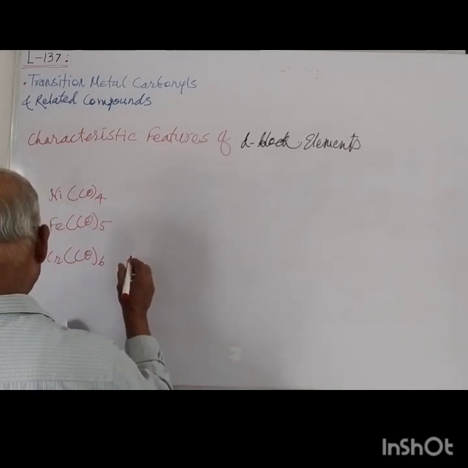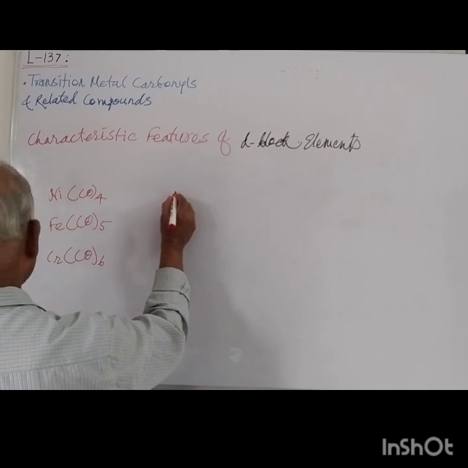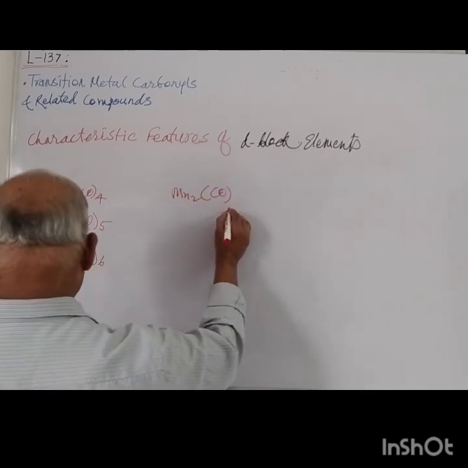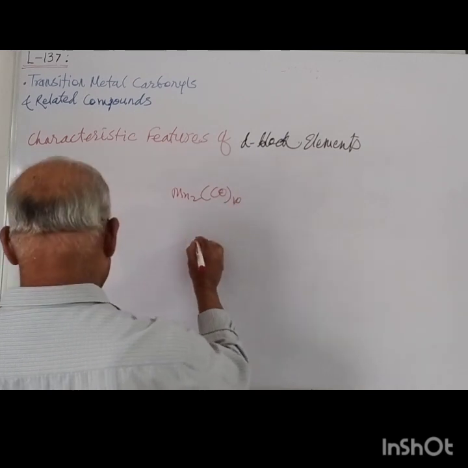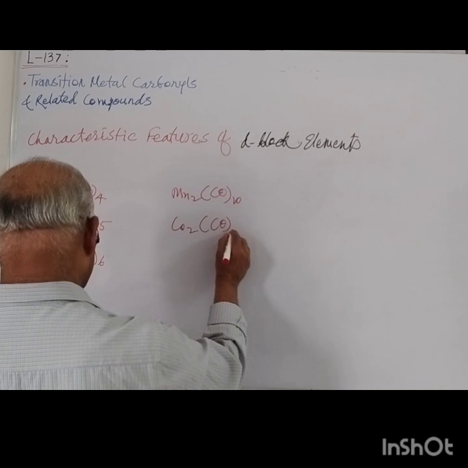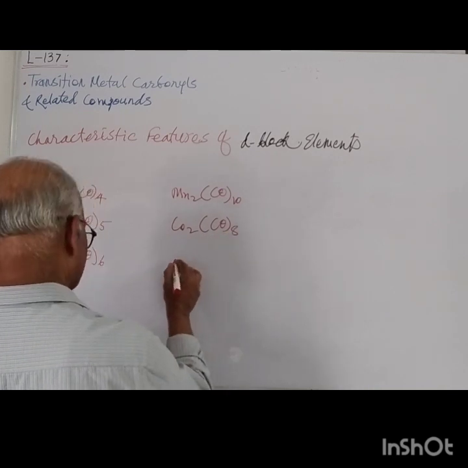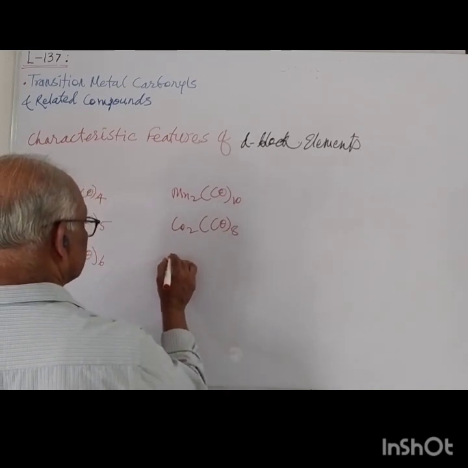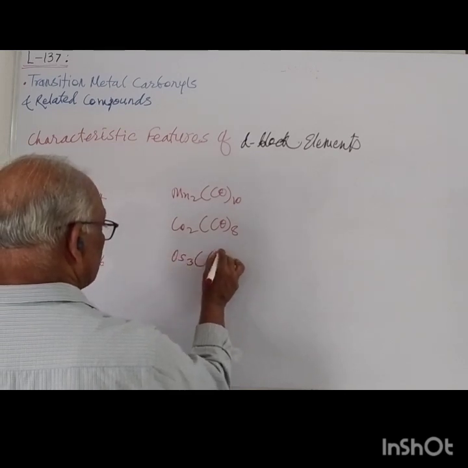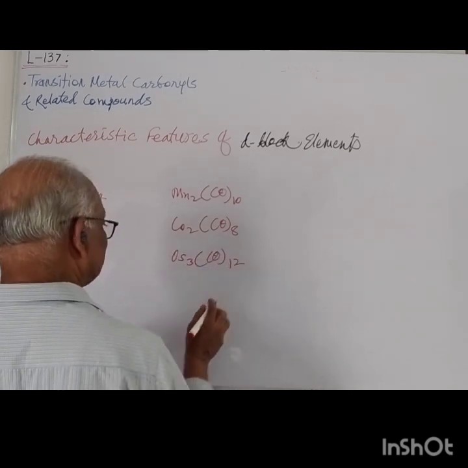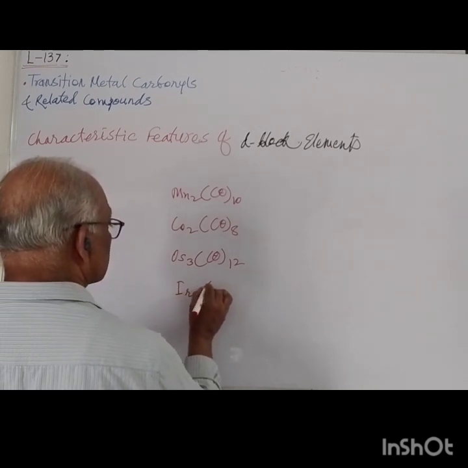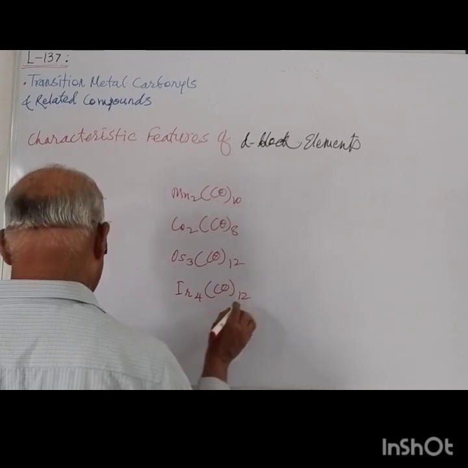So these are the simple ones. Then binuclear, that is Mn2CO10, then Co2CO8. Then trinuclear, osmium, OsCO12. Then Ir4CO12.